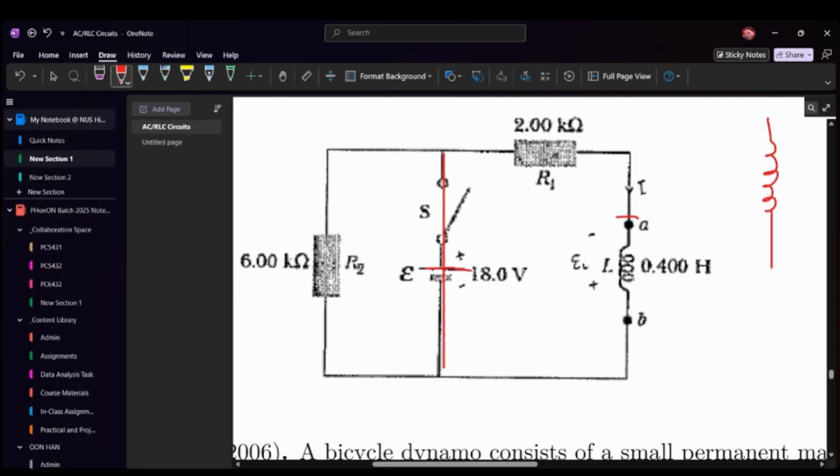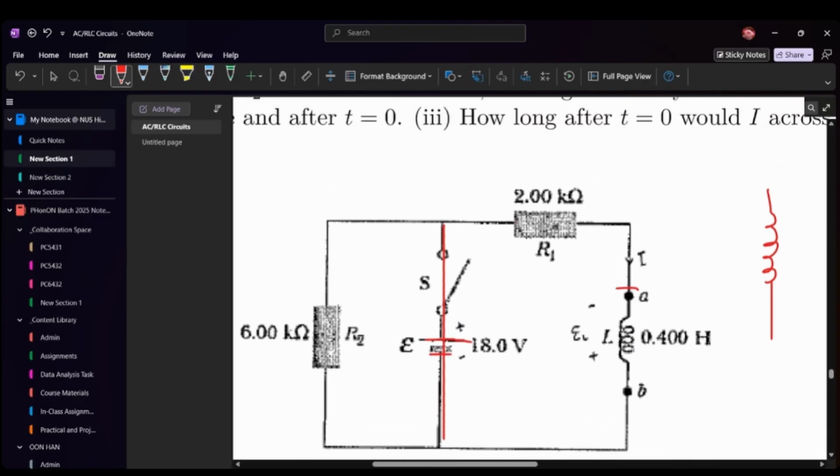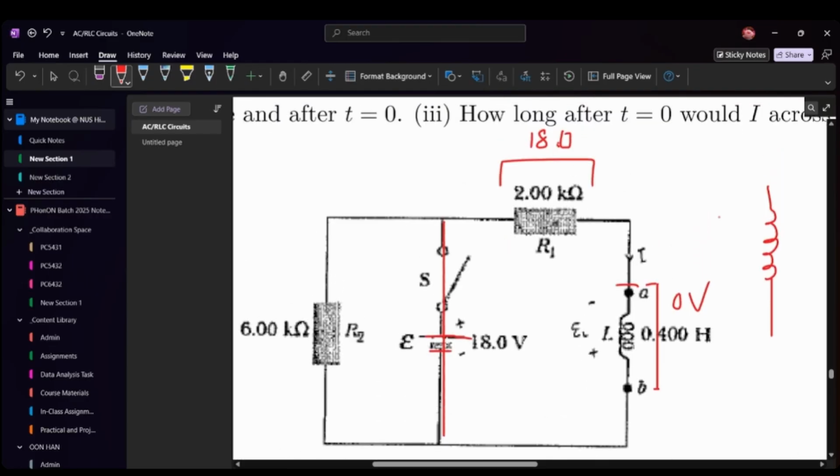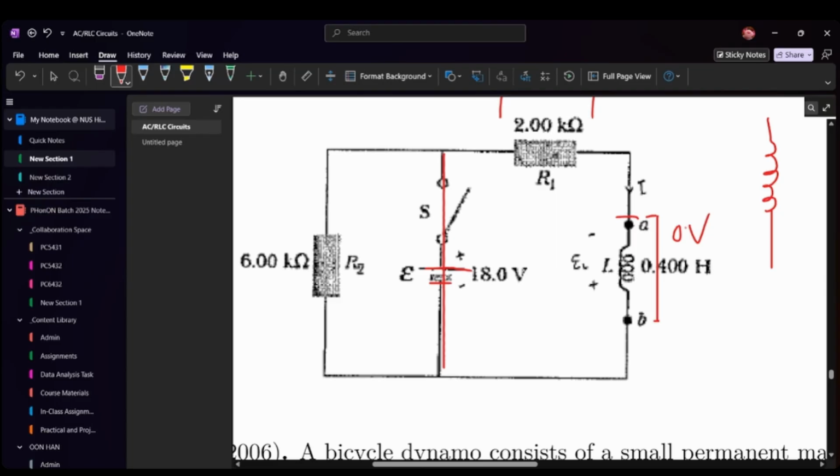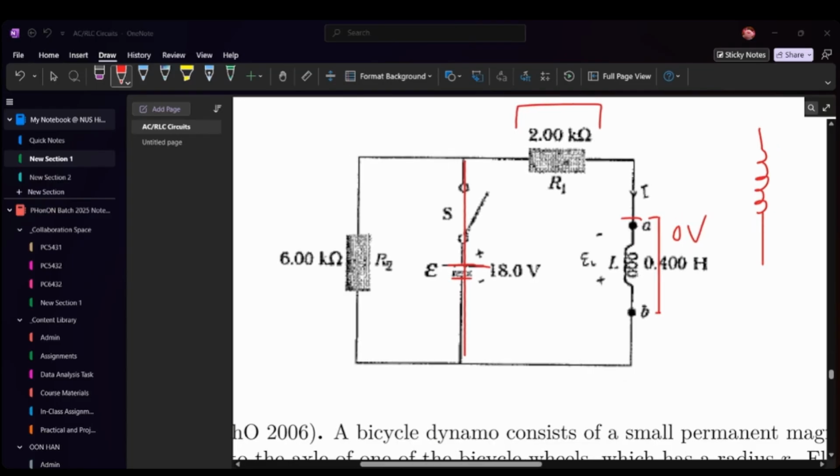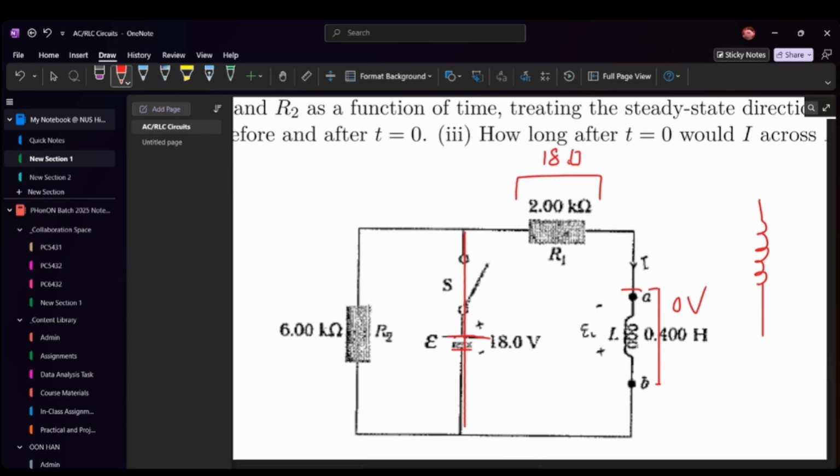So this thing has voltage 18, and this thing also has voltage 18 because it's been closed for a long time. And this thing has voltage 0 volts, right? So then, it might be easier to pull out the solution. Give me a sec.